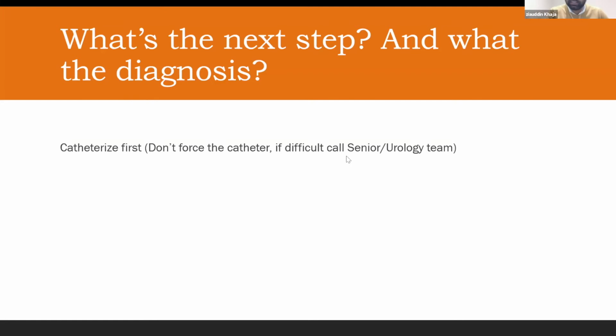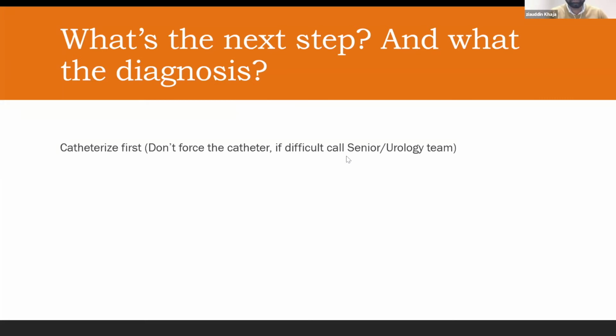Yeah, CT scan, PSA levels. Yeah, we'll definitely come to that. But right now we have a problem. We know that the bladder is full. We need to empty it first. So the first thing we do is catheterize. And another way to do this would be, if you have an ultrasound, take a probe, just put it on, and then you can see that the bladder is really swollen up.